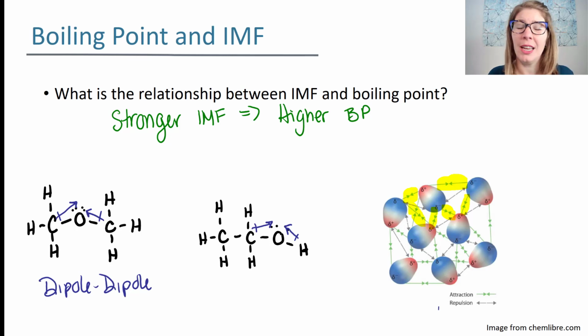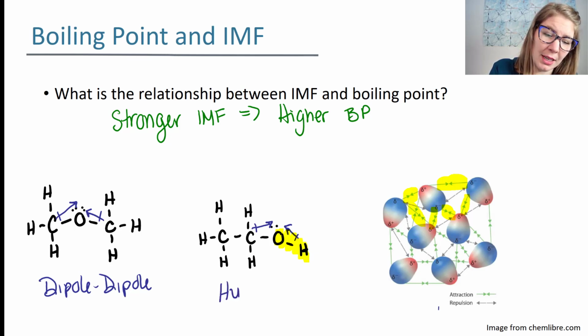How do we know what intermolecular force it experiences, or at least the strongest one? Well, it is polar and it contains an OH bond, right? So here is the OH bond. That means this is capable of hydrogen bonding. So another ethanol molecule, which is the name of this structure, could be attracted to this one with hydrogen bonding.